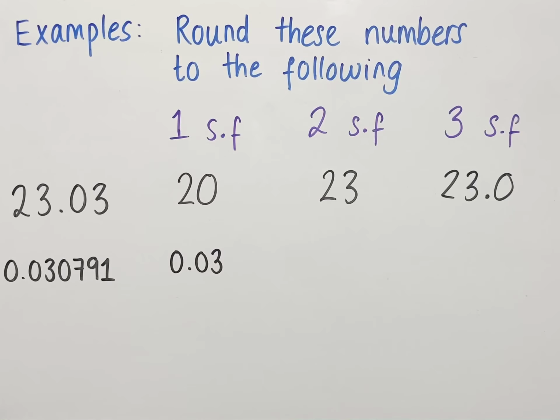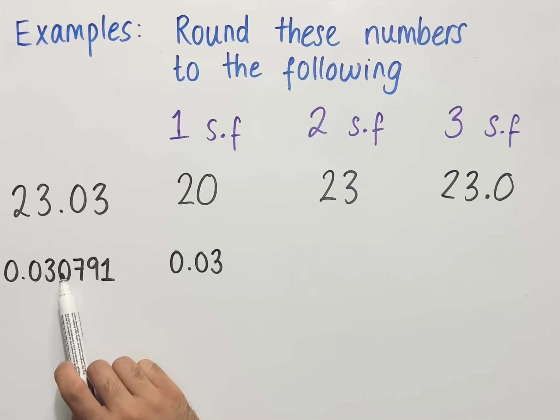And again, if you check this, the only significant figure in this number is the 3. We start counting significant figures from the first non-zero digit from the left. That's the 3 here. So these zeros are not significant. If we were to round this to 2 significant figures, we need to look at the third significant figure in this number. So that's the 7. 7 is 5 or more, and so therefore we round up, which means we need to add 1 to the previous significant figure.